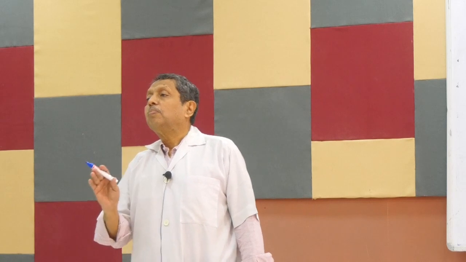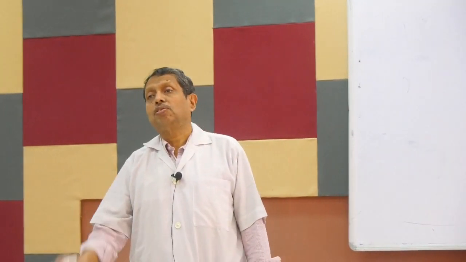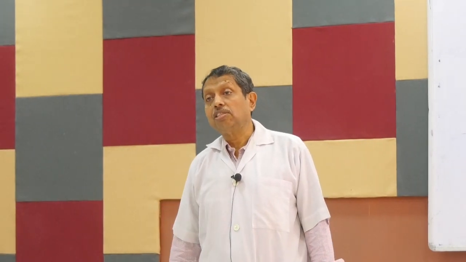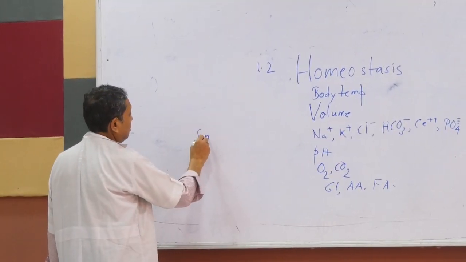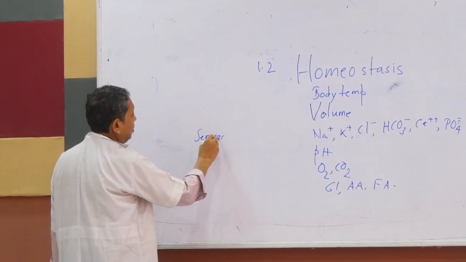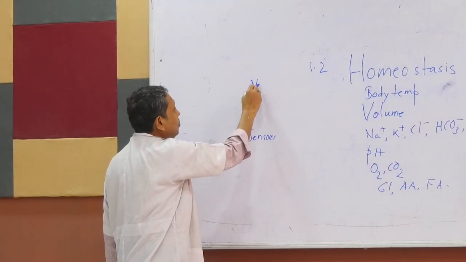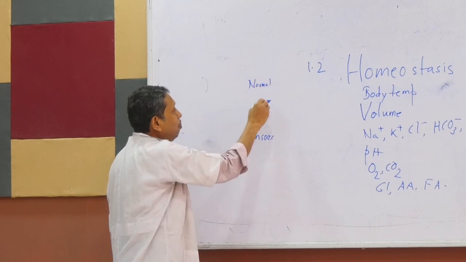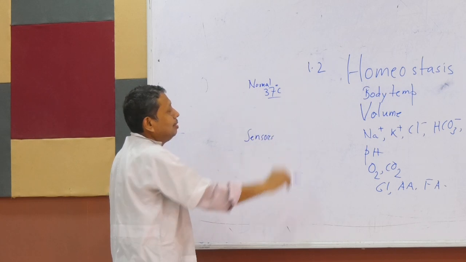Now, for this purpose, there are some sensors. Suppose there is a temperature change. Suppose there is a normal value of body or core temperature, say 37 degrees centigrade.